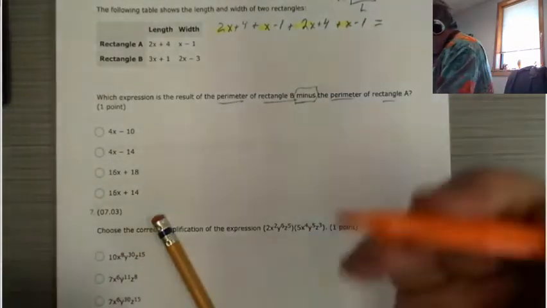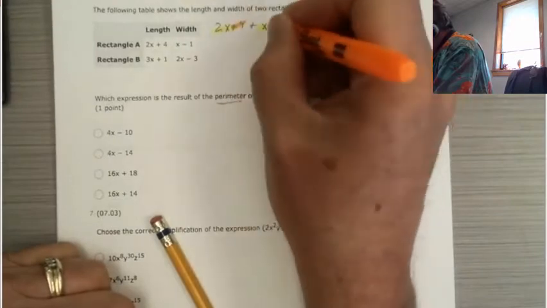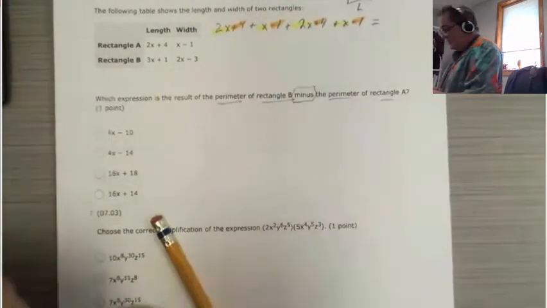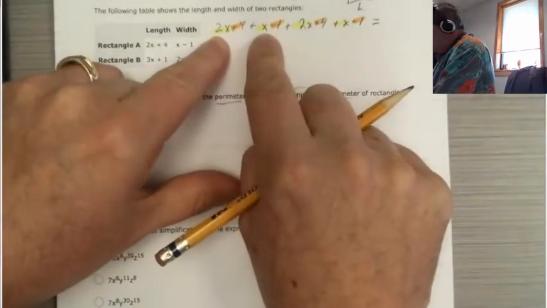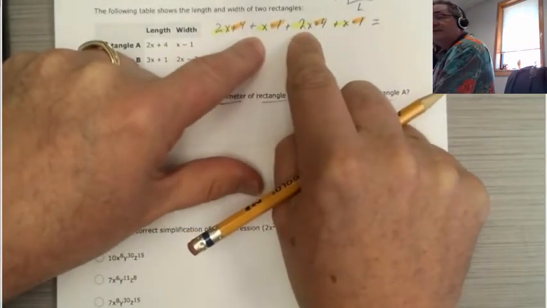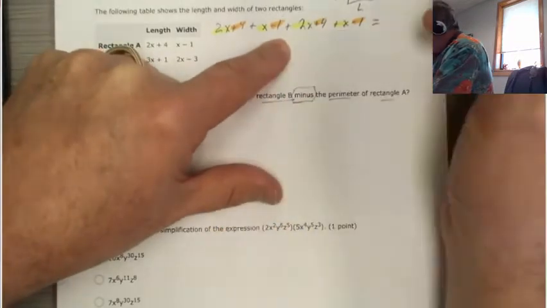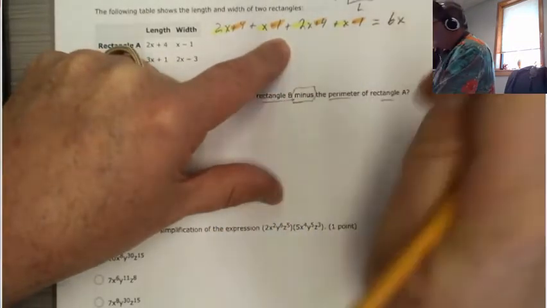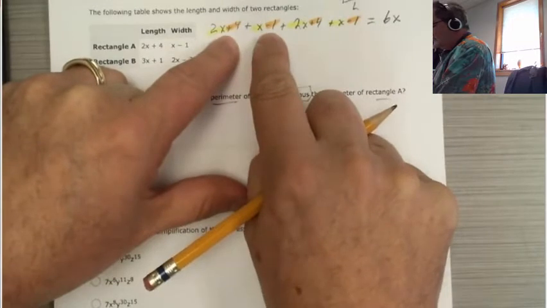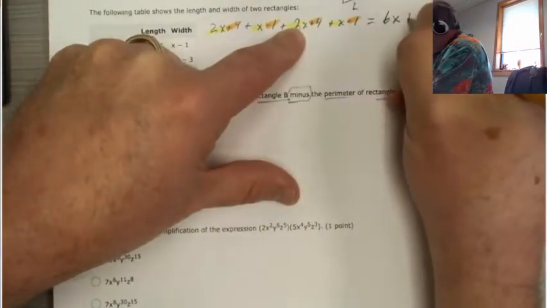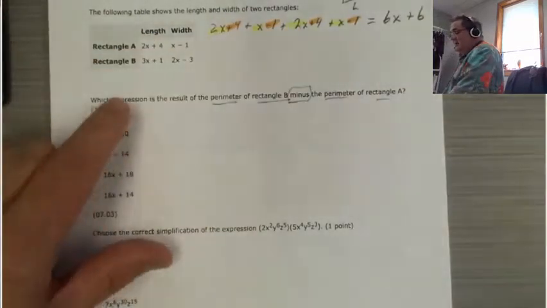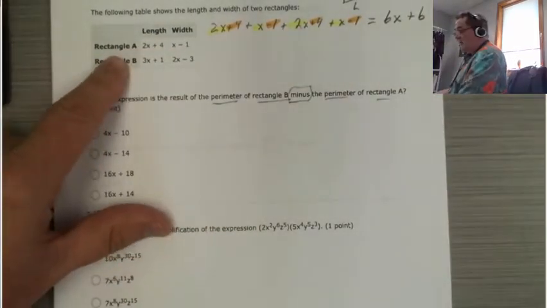And then we have 4, negative 1, 4, negative 1. 2x plus x is 3x, plus another 2x is 5x, plus another x is 6x. 4 minus 1 is 3, plus 4 is 7, minus 1 is 6. So 6x plus 6 is the perimeter of rectangle A.